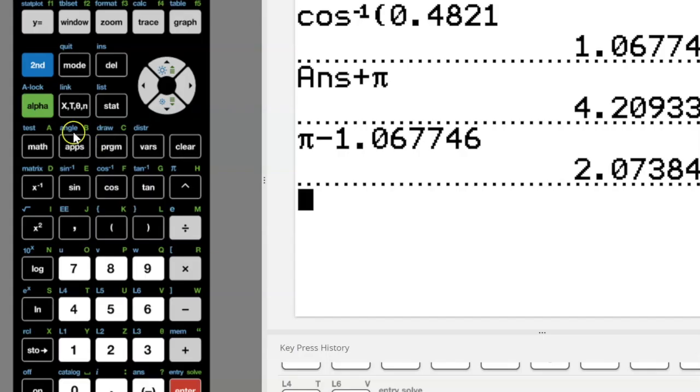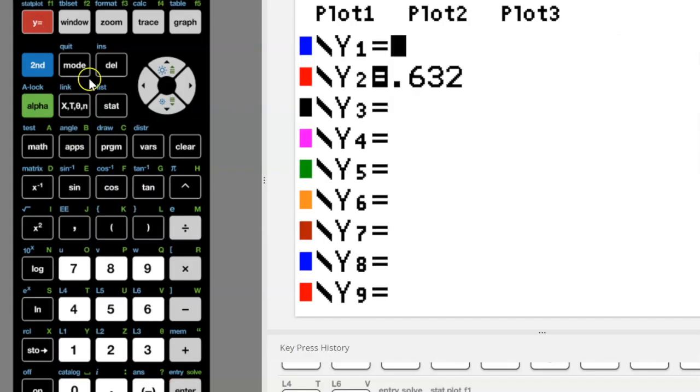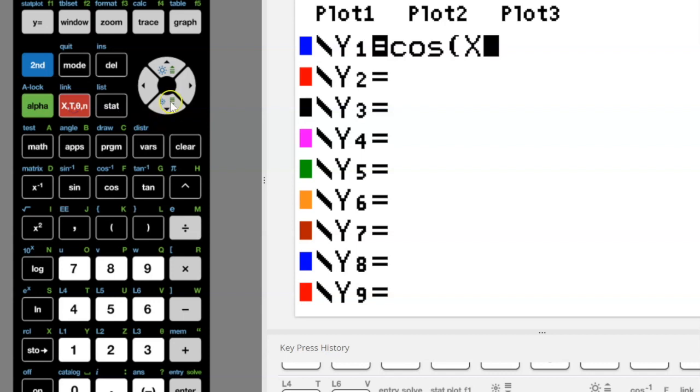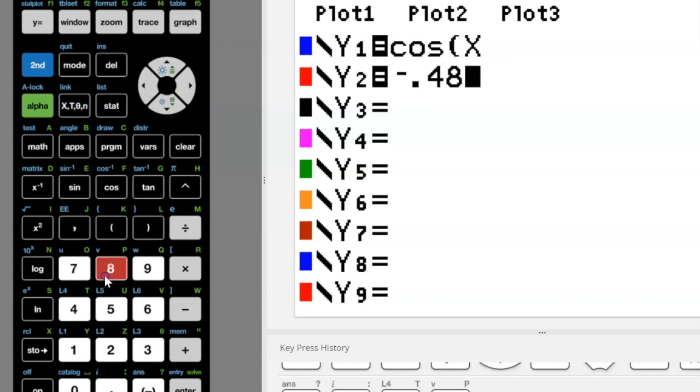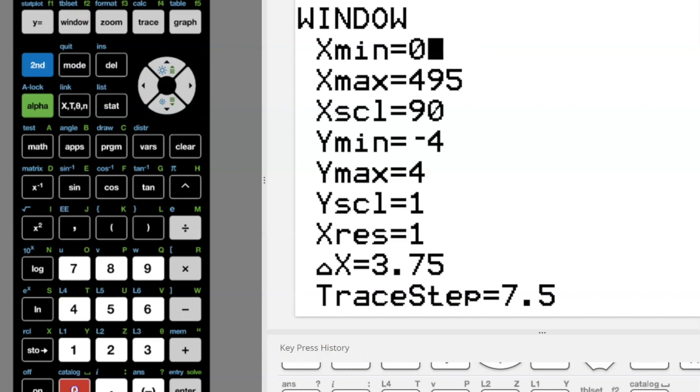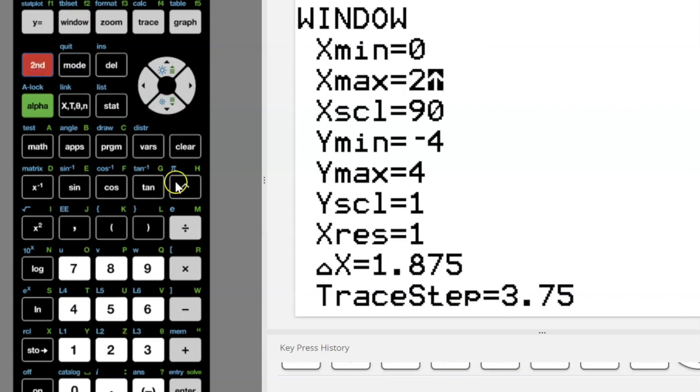Okay, so take a look back here. Let's go to y equals, clear what you have in there, and let's put in cosine of x, and then negative 0.4821. And let's go to our window. Let's make our x min 0 and our x max 2 pi, because we want to see what's happening from 0 to 2 pi initially.